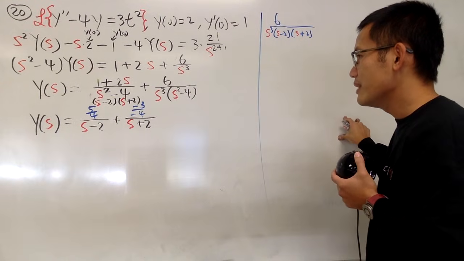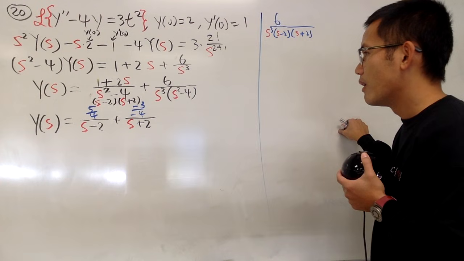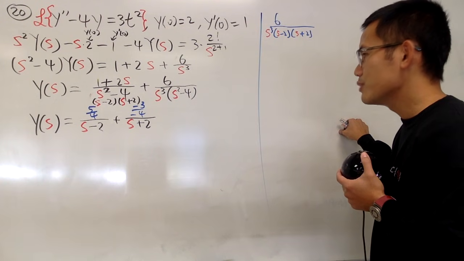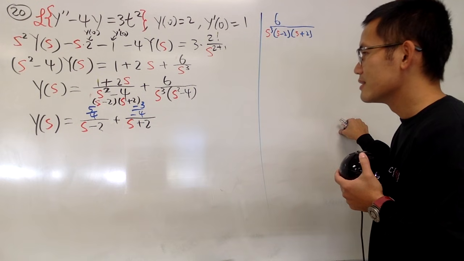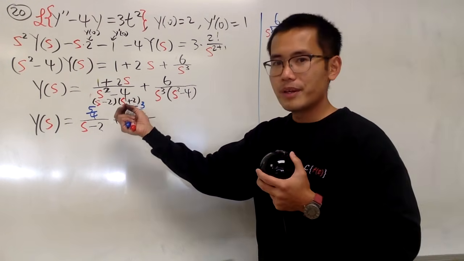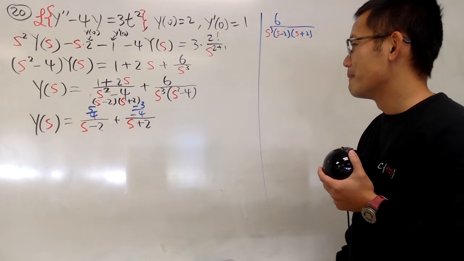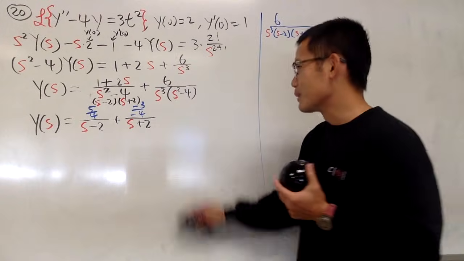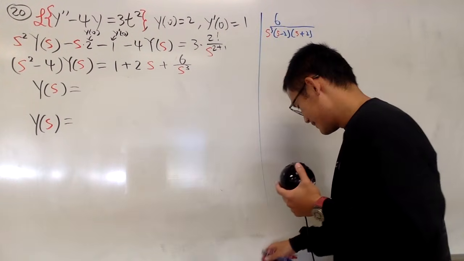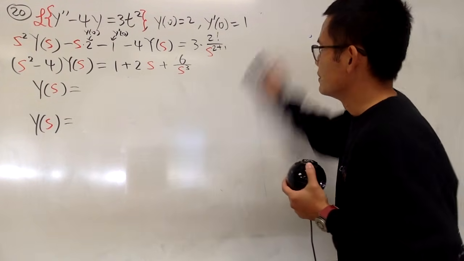I really don't want to do this. It's going to be bizarre regardless. Another way we can do it is just combine it as a big fraction first, and then just, okay, I'll do that. I will seriously do that.